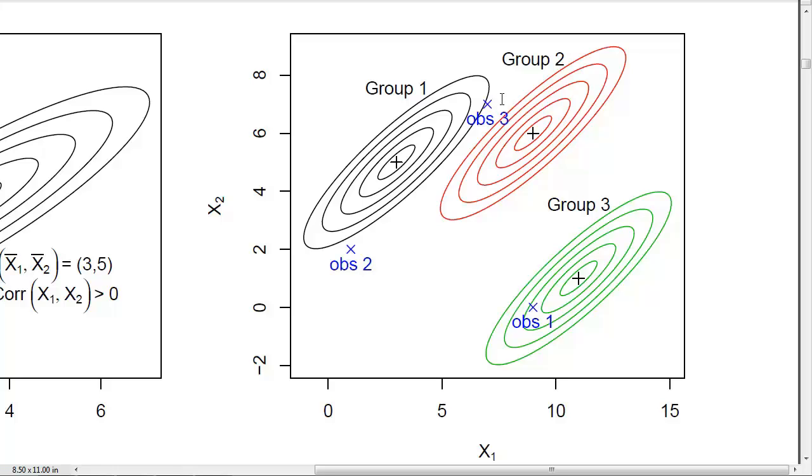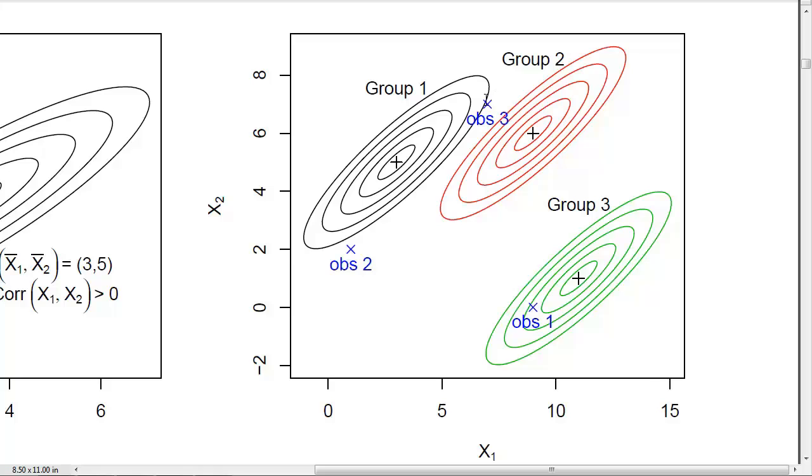Group 3 is the interesting one here. In terms of Euclidean distance, it's actually closer to group 2, this straight line distance with a ruler, than it is to group 1. However, because of the elliptical nature of these distances, this observation 3 is right on the fringe of being 5 units away for group 1, but it's sort of somewhere between 7 and 8 perhaps units from group 2.